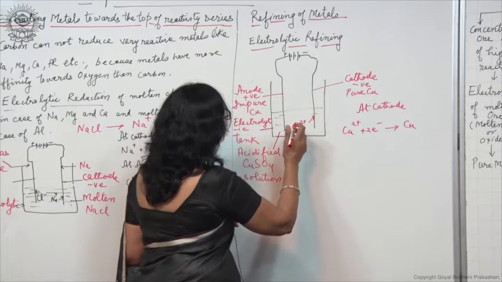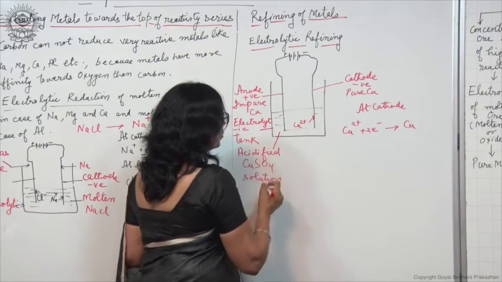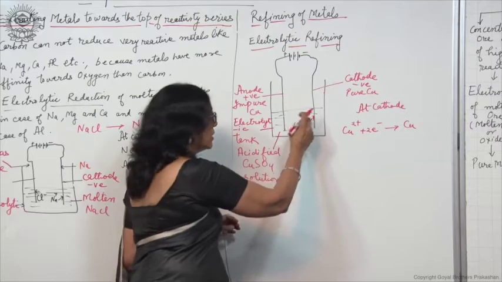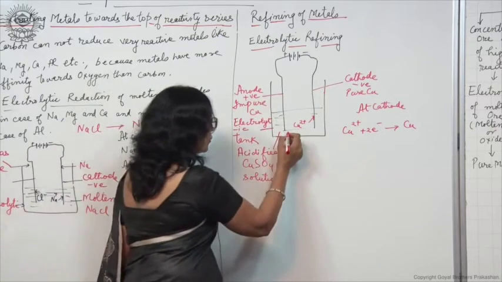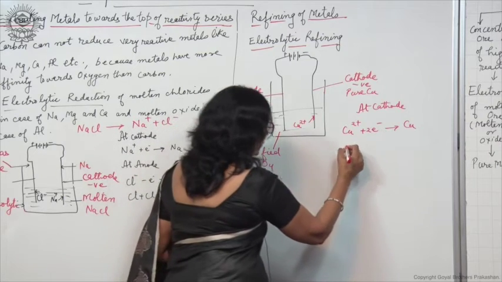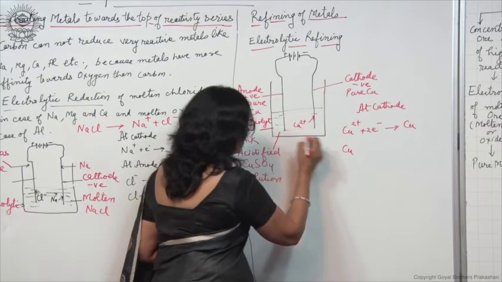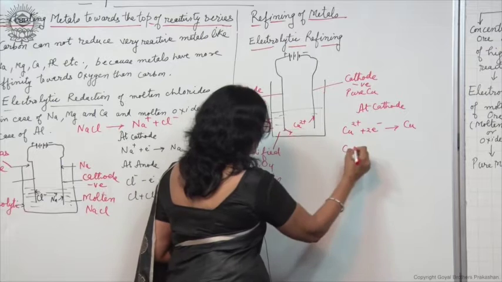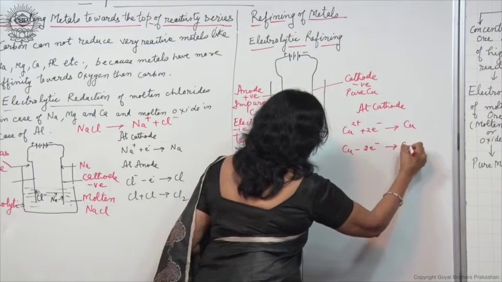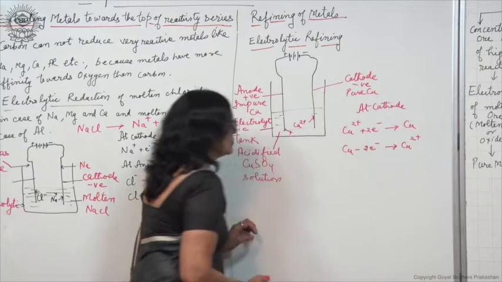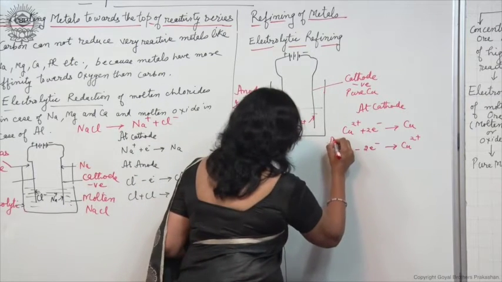Now, what happens here at anode, because copper ions are going away, copper from the anode dissolves, and it forms copper ions by losing 2 electrons. So, what happens at anode?